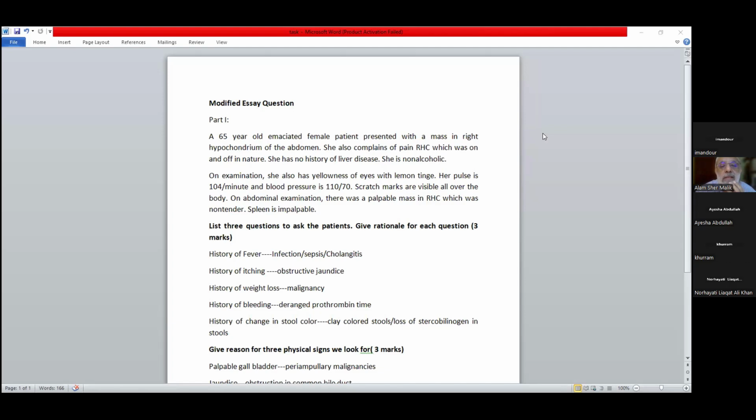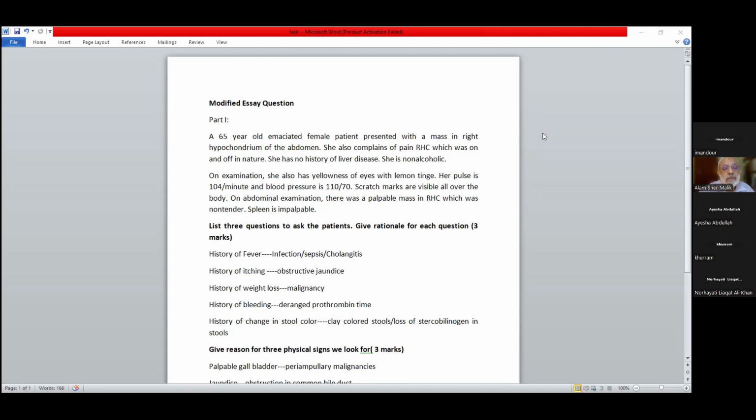She also complains of pain in the right hypochondrium, which was on and off in nature. She has no history of liver disease and is non-alcoholic. On examination, she has yellowness of eyes with a lemon tinge. Her pulse is 104 per minute and blood pressure is 110/70. Scratch marks are visible all over the body. On abdominal examination, there was a palpable mass in the right hypochondrium, which was non-tender, and the spleen is not palpable.